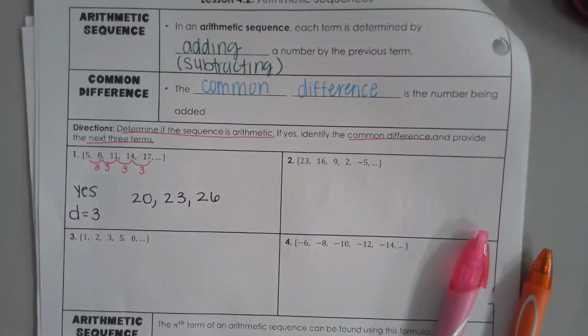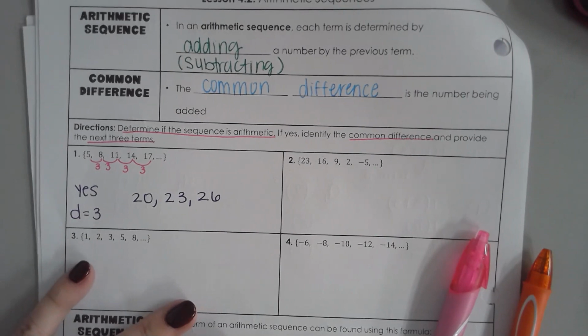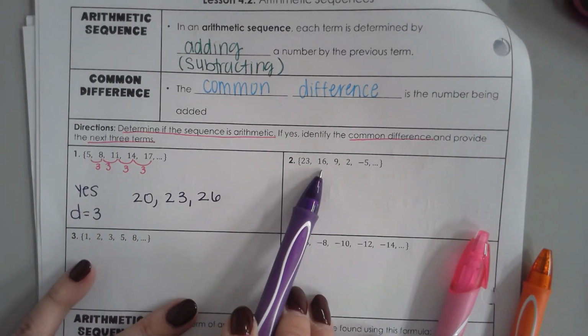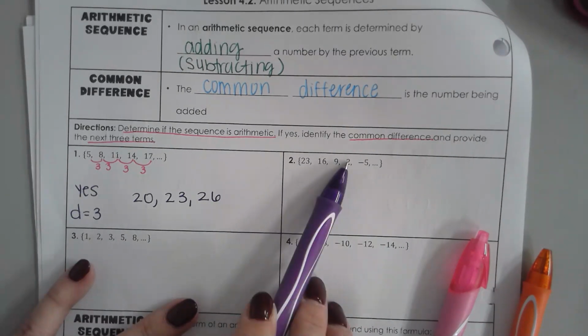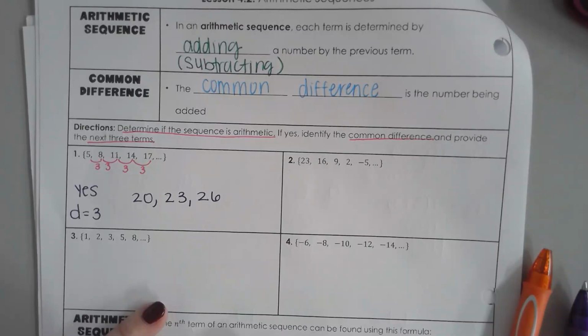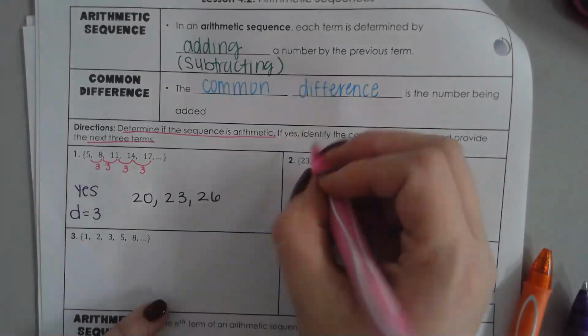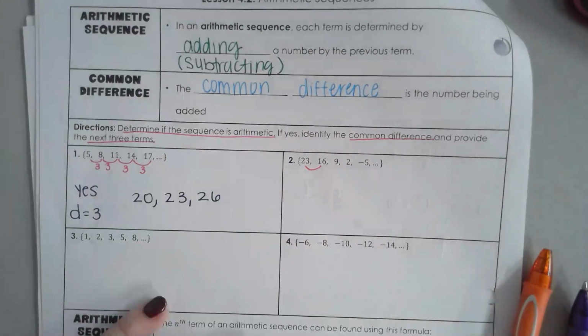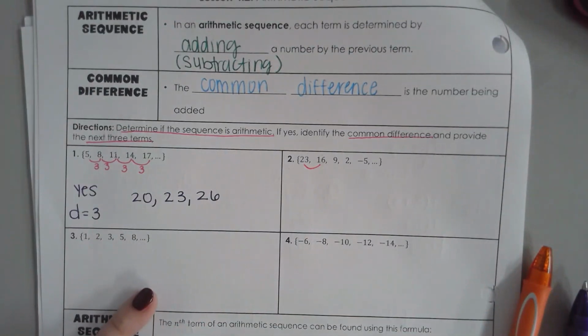Number 2. 23 to 16. So these numbers are getting smaller, so it would have to be a negative number. So 23 to 16 is negative 7.